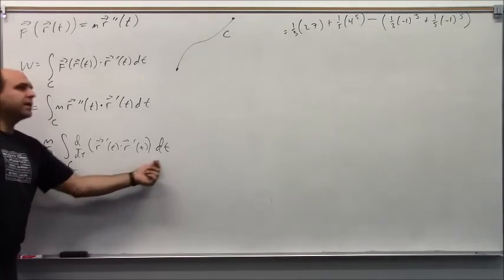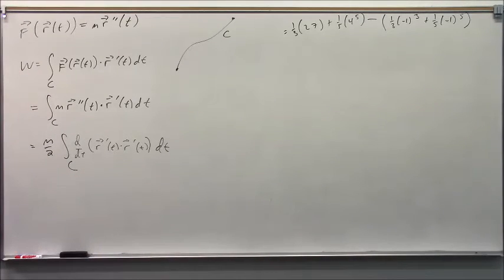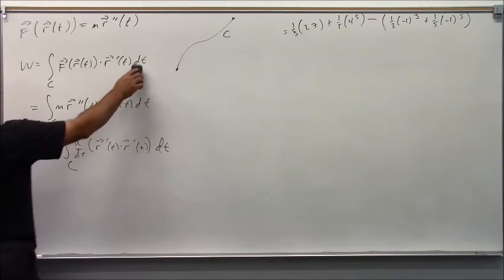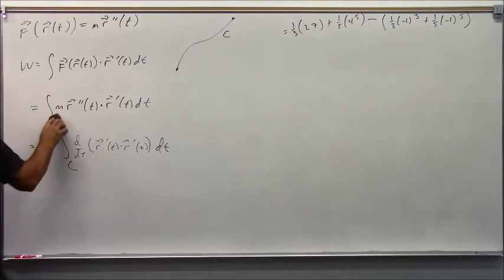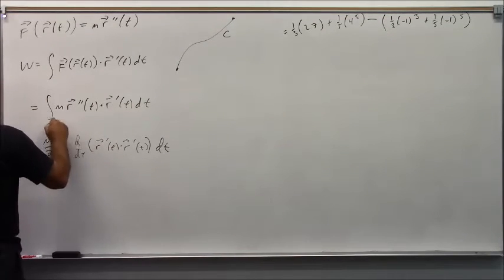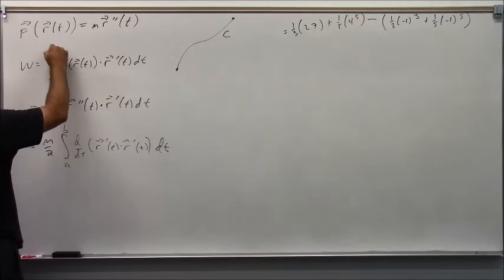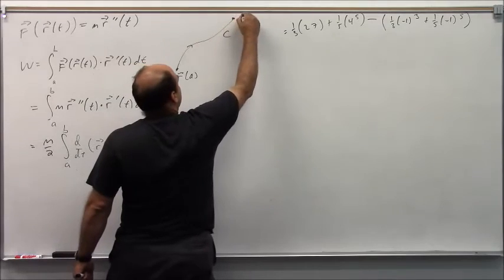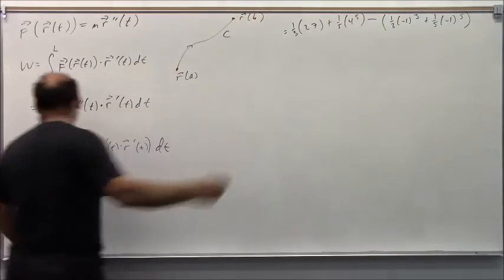And I know how to compute this integral here. Oh, sorry, I forgot, I had gone to the dt, so these should no longer be C's, these should be from a to b, where the bottom point here is r of a, and the top point is r of b.